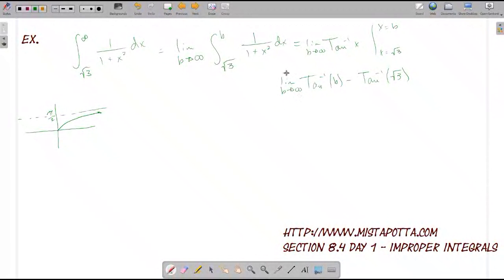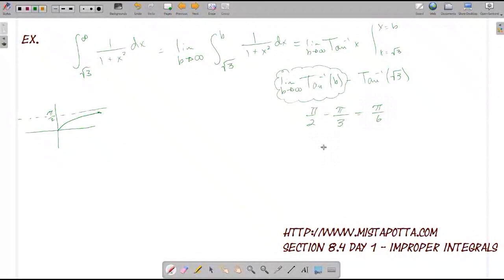And so this limit actually ends up being pi over 2. And tan inverse of radical 3 is one of my standard trig values from my special right triangles. That's pi over 3. And pi over 2 minus pi over 3 gives me pi over 6.